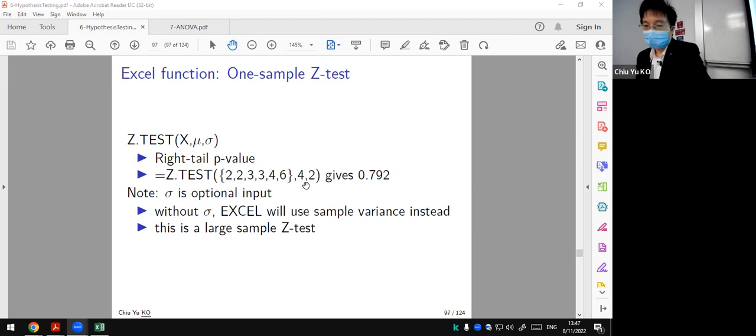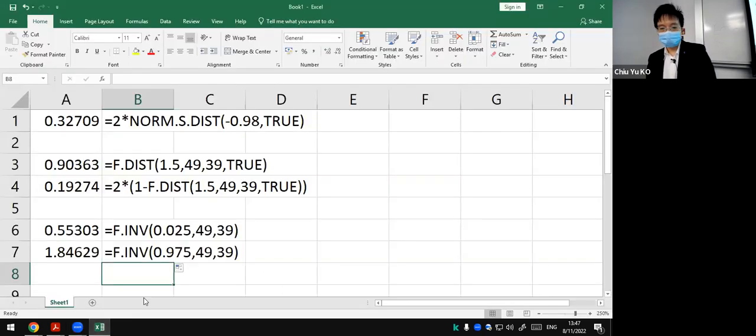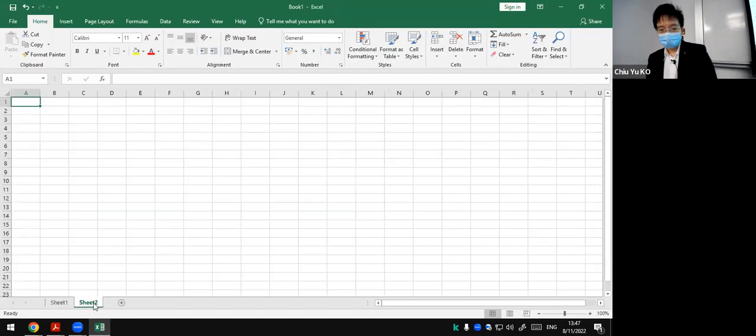And then you give the population variance, or standard deviation, and it gives you the p-value. And maybe it's good to show you this is the case. So let me do this, called the Z.TEST.